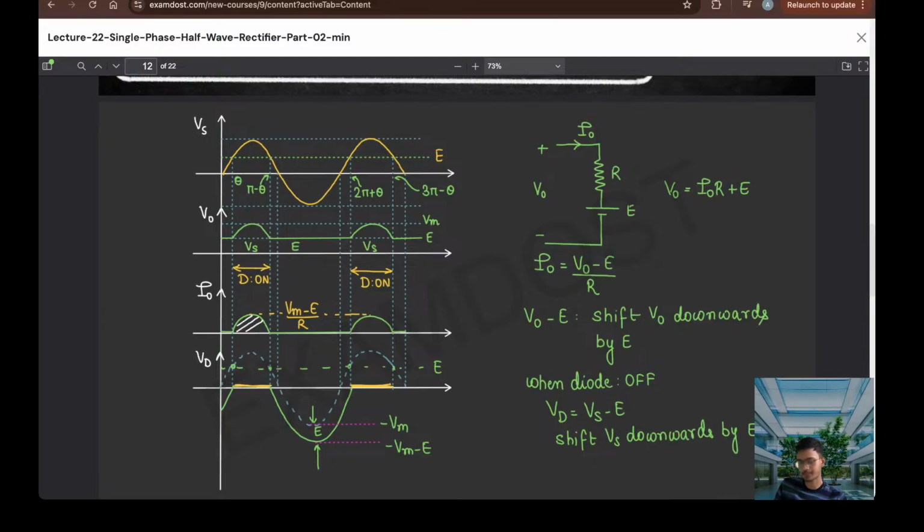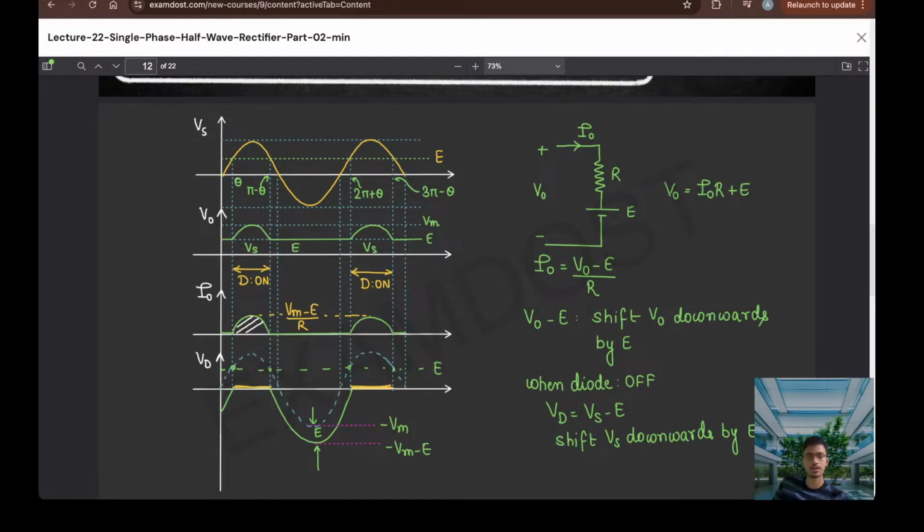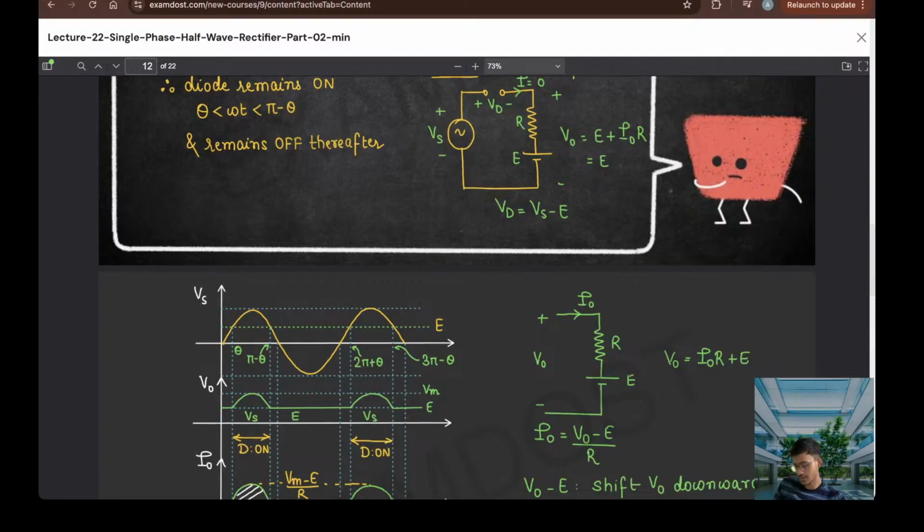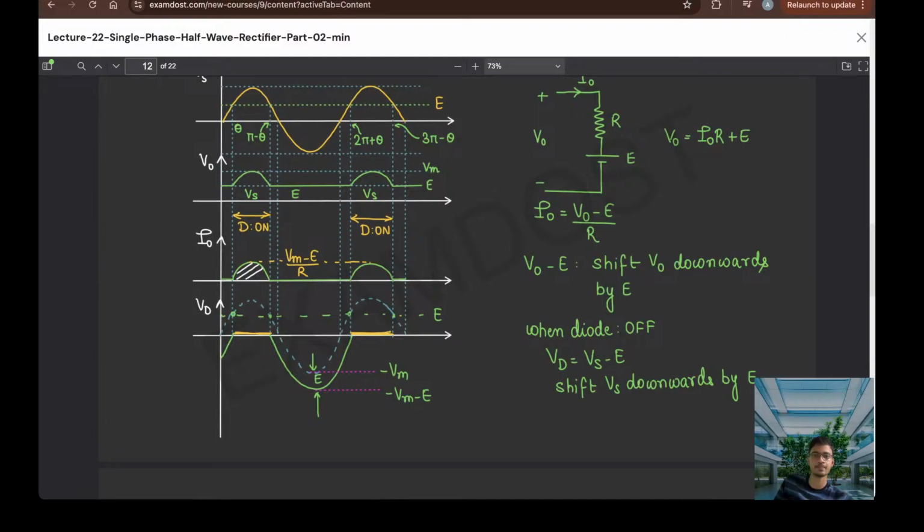For theta to pi minus theta, VO is equal to VS. When the diode is off, VO would be E. VO is E. Got it. So this is like this.